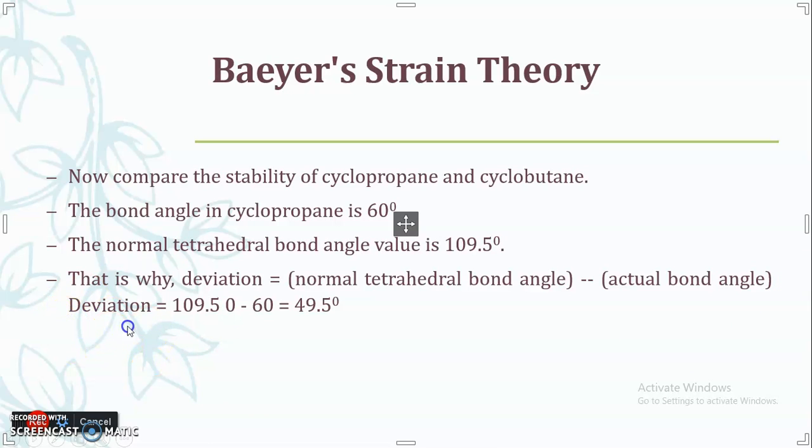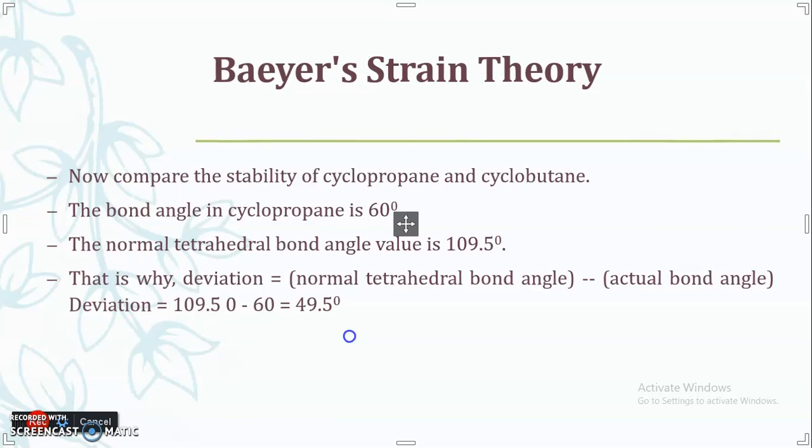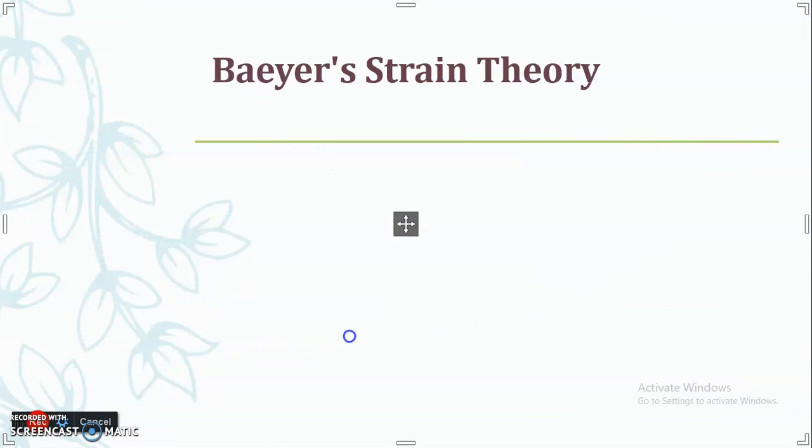So deviation is 109.5 degrees minus 60 degrees, that is 49.5. If we divide it by 2, because two different bond angles are involved, each bond has an approximate strain of 25 degrees in cyclopropane. This deviation is large, and that's why cyclopropane has higher instability.